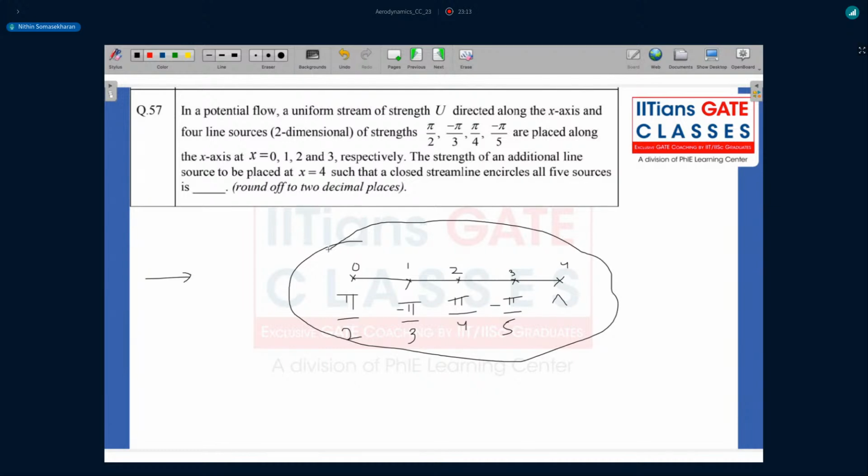It'll have a closed stagnation streamline like a Rankine full body, right? Rankine full body. So that's basically the question.